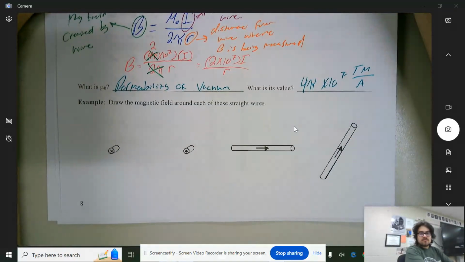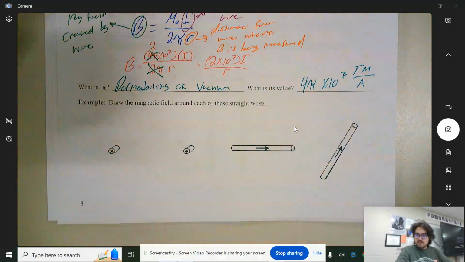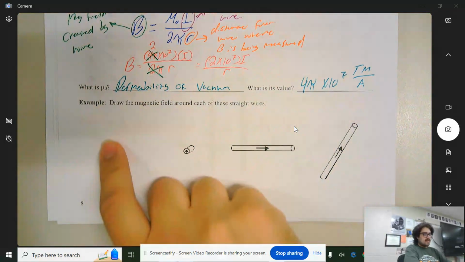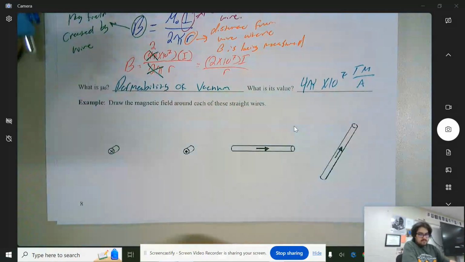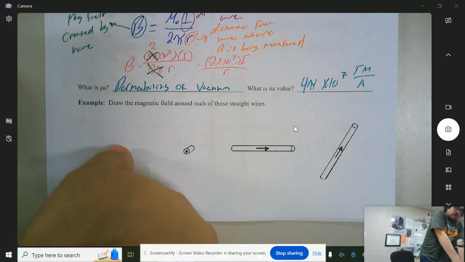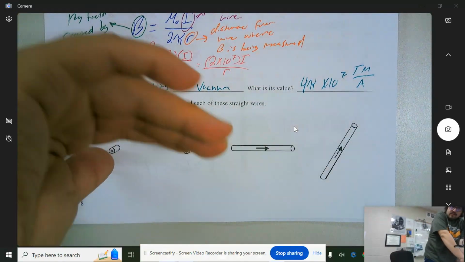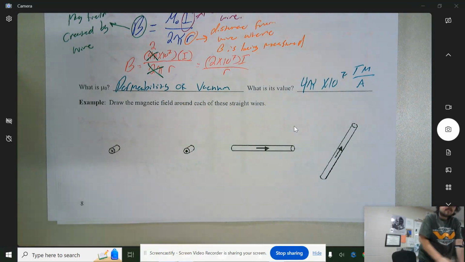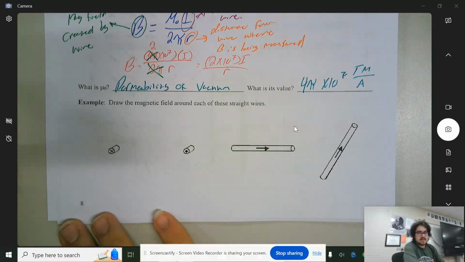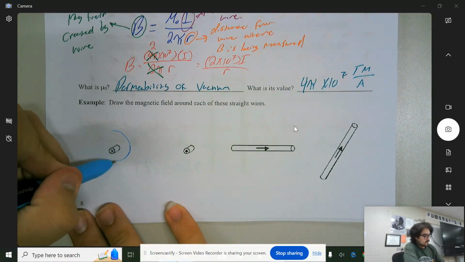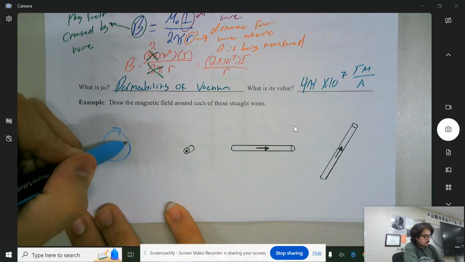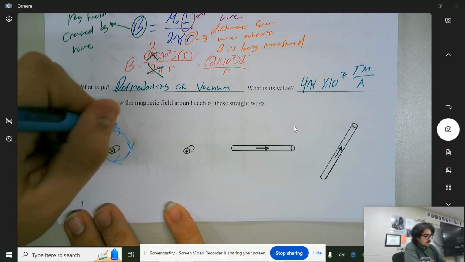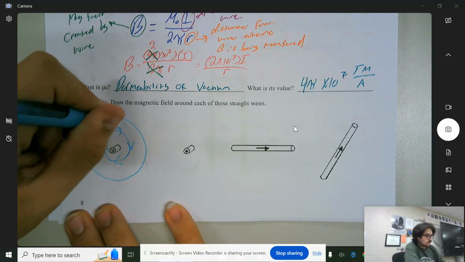Around each of these straight wires, you're going to use your right-hand rule to get the magnetic field around them. This one is going into the page, so thumb goes into the page, and my fingers are curling clockwise. And this actually stretches out even further.